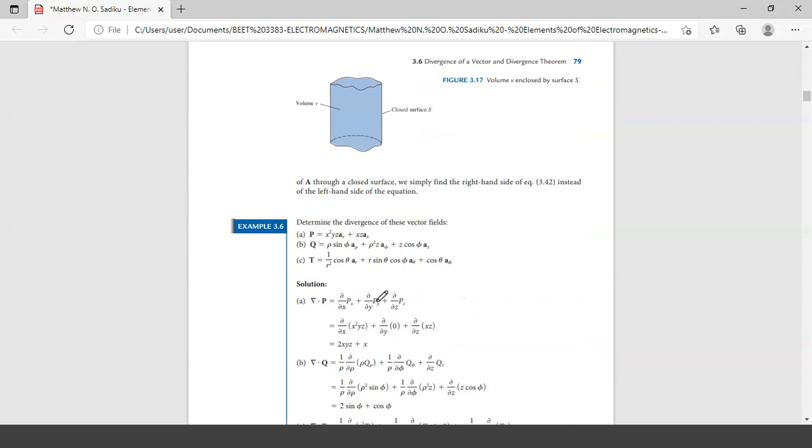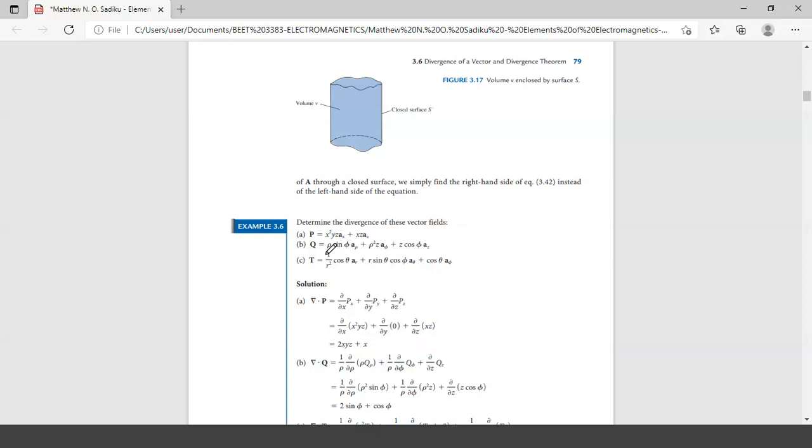Then del over del y of the y component. Here there is no y component, so we put 0. Then del over del z of the z component, x z. So we get 2xyz plus 0 plus, for the z component, the derivative of z is 1, so plus x.